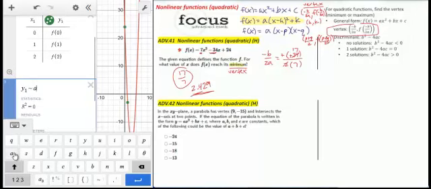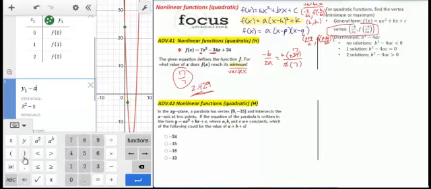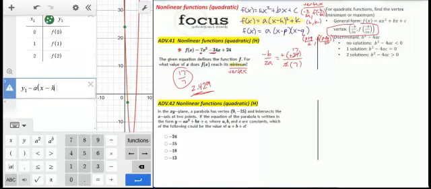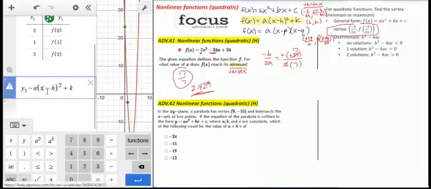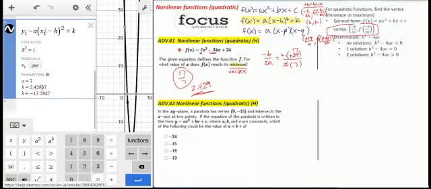So our coefficient a times the quantity x minus h, again I'm using my keyboard here, squared, and then plus k. We do need to make sure the x's and y's all have the subscript, so notice the difference here. Once I change this x to x1, it now gives me my values for h and k, and it confirms that 2.429 is my h value.